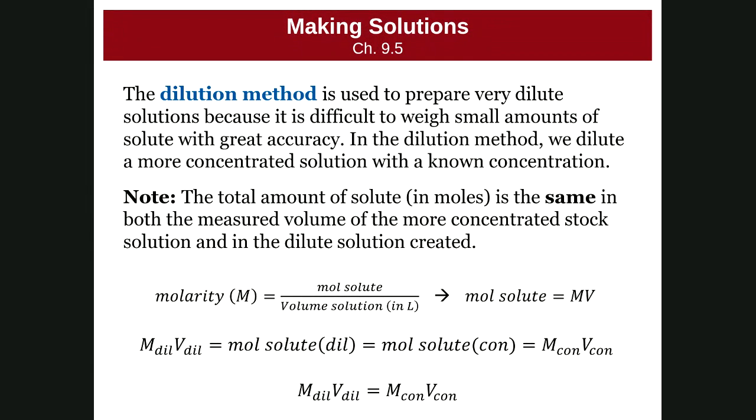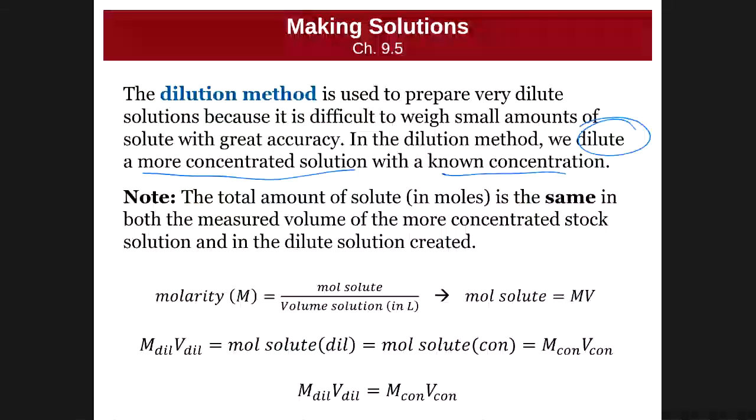So the easier way to make these solutions is to make a more concentrated solution with a known concentration and then dilute it. So it's just like if you make lemonade and it's too strong, so you add some water to dilute your lemonade.